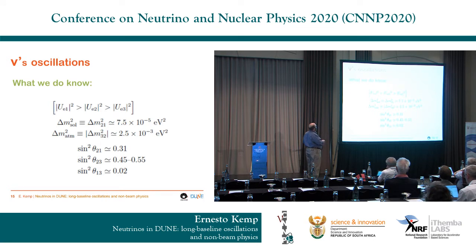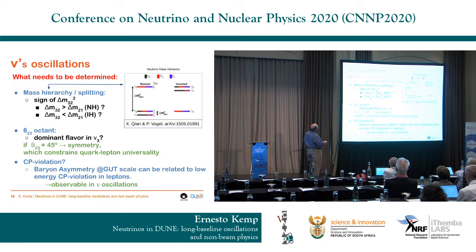So what do we know? We know the ordering of the first line of the PMNS matrix. We know the delta m square in the 2-1 mass eigenstates, but we don't know the sign of delta m square in the atmospheric sector. We know quite well the values of the mixing angles, and what needs to be determined is the sign of delta m32 square.